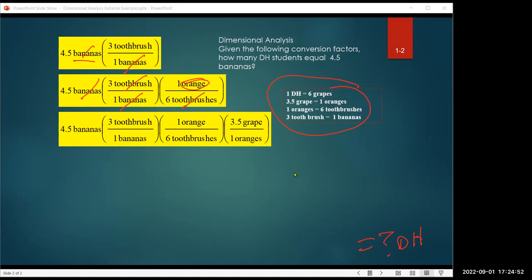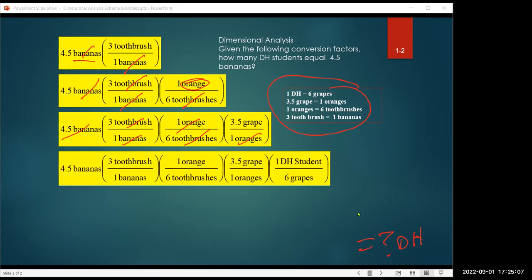Well, here we go. 3.5 grapes to an orange, with orange in the denominator because they cancel out as I want them to, leaving me with the units of grapes. Getting close. I've got one more factor here, and sure enough, with respect to the units, I am where I need to be.